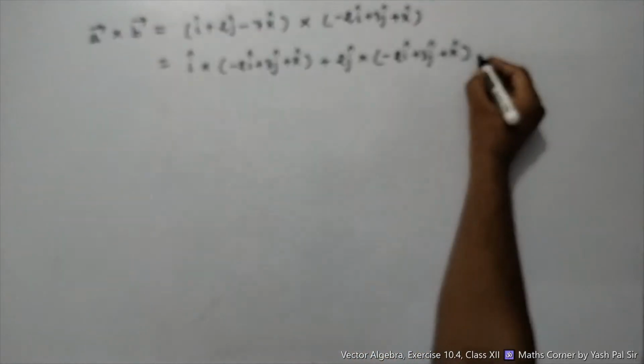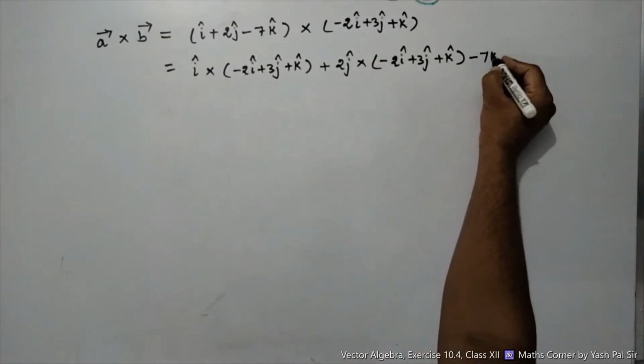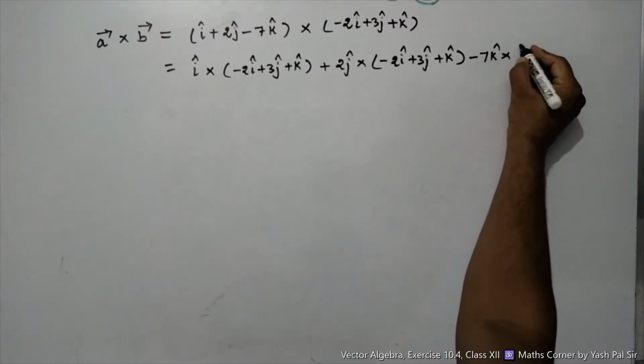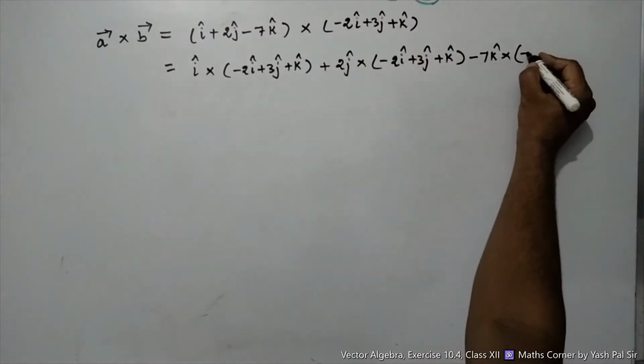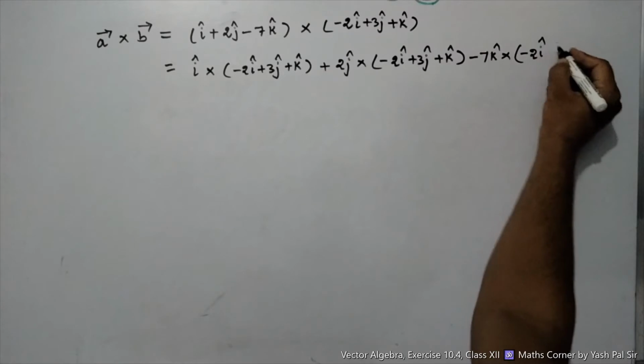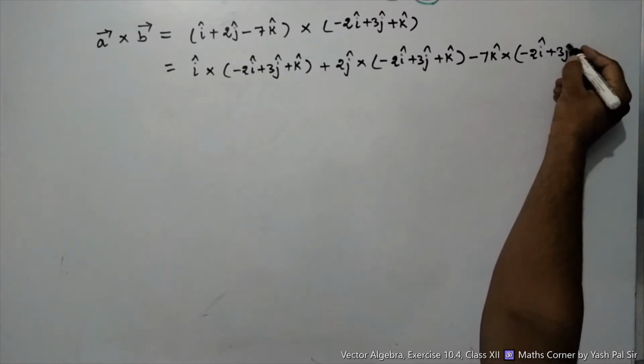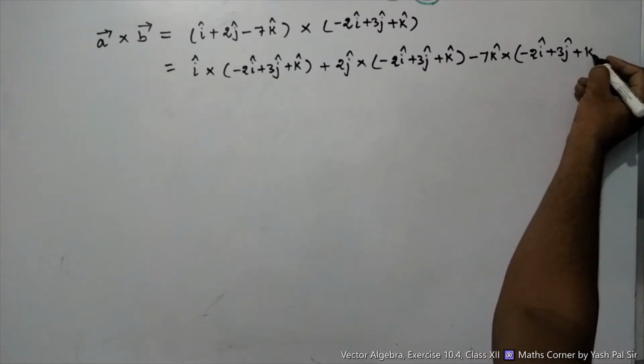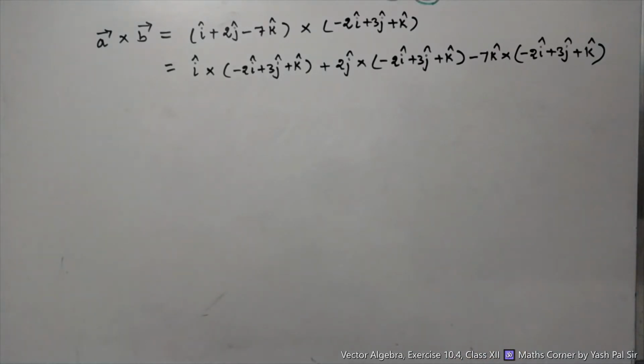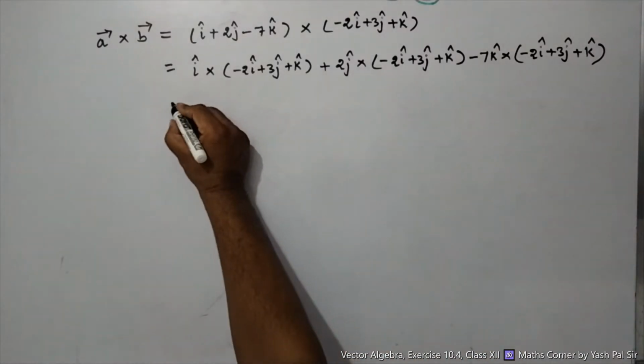The third component is minus 7k cross the second bracket, minus 2i plus 3j plus k. Right? So what happens?